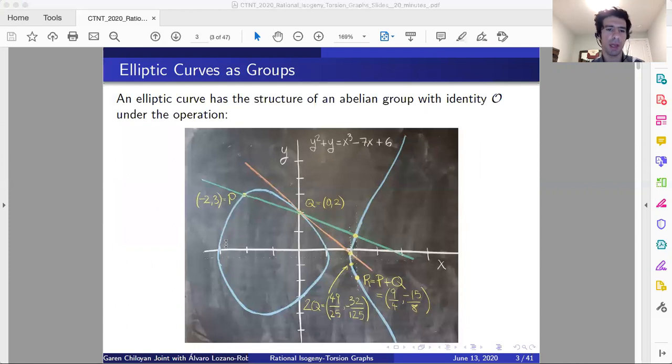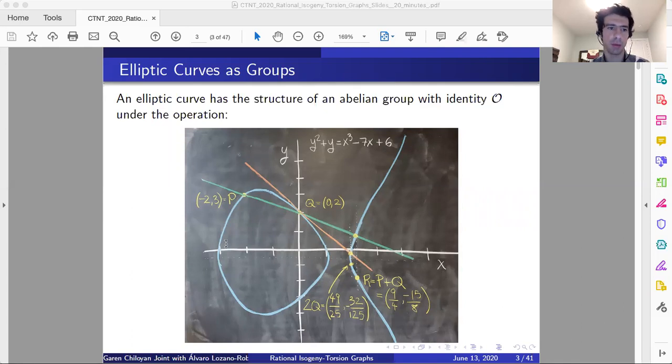An elliptic curve has the structure of an abelian group with identity O under the following operation. To add two unequal points P and Q in E, draw a secant line connecting P to Q. This secant line, drawn here in green, intersects the curve at a third point.